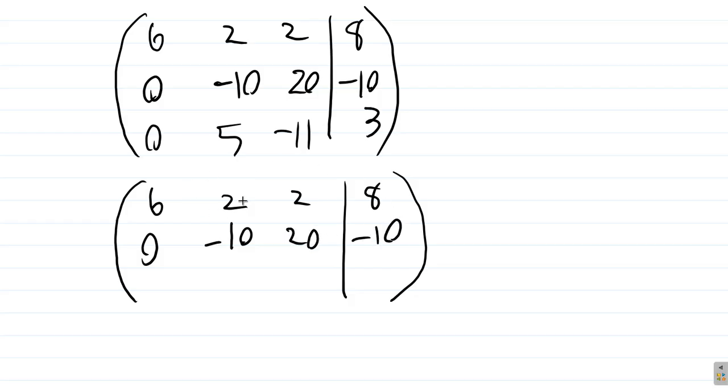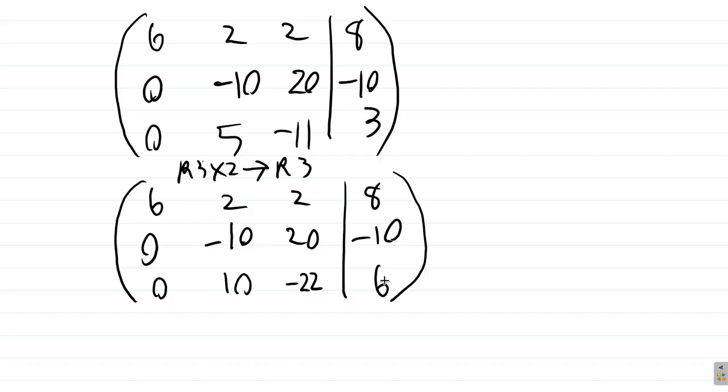Well, let's make a change to row 3. What we're going to do? We could multiply row 3 by 2. So row 3 multiplied by 2 leads to a new row 3: 0, 0, 2, 5, 10, 2, 11, negative 22, 2, 3, 6.